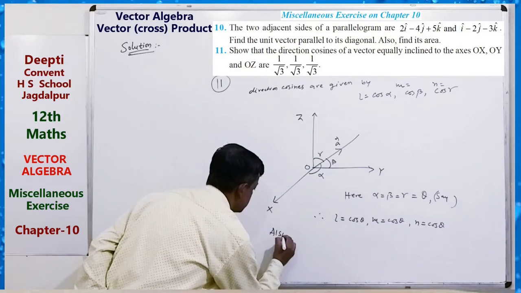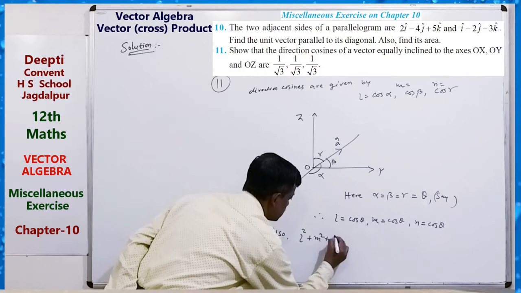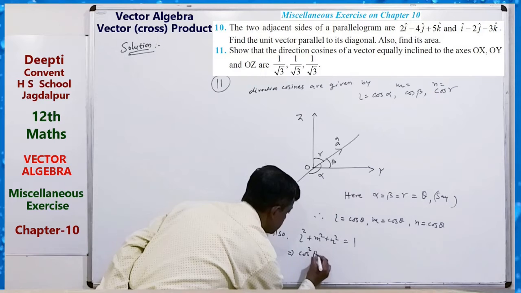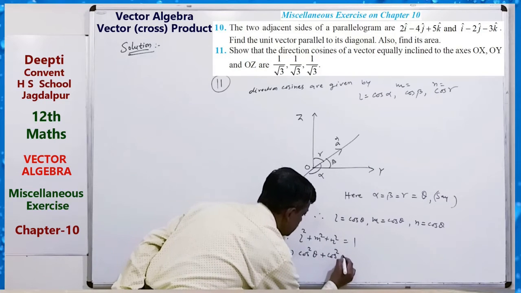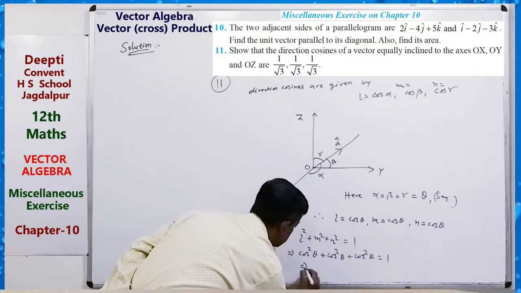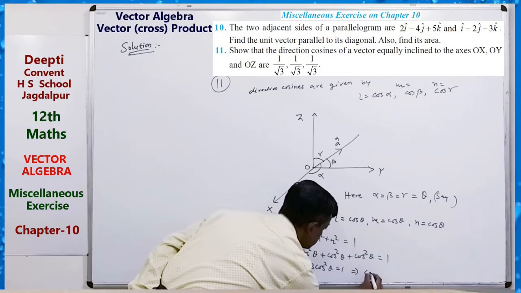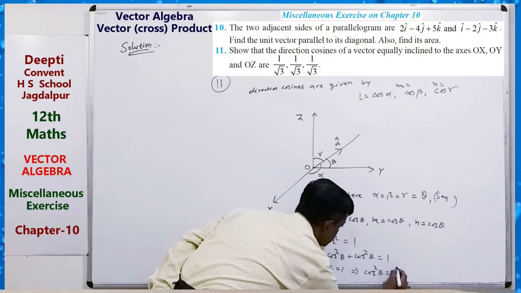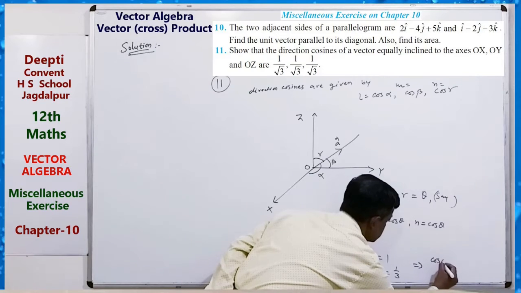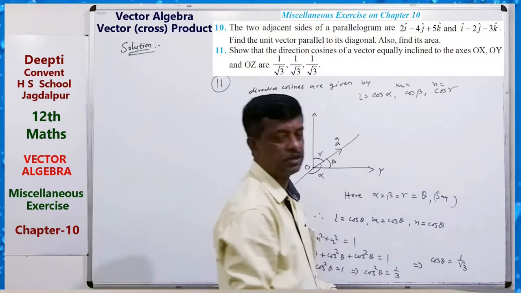Also, we know L square plus M square plus N square equals 1. So cos square theta plus cos square theta plus cos square theta equals 1. So 3 cos square theta equals 1, which implies cos square theta equals 1 by 3, which implies cos theta equals 1 by root 3.